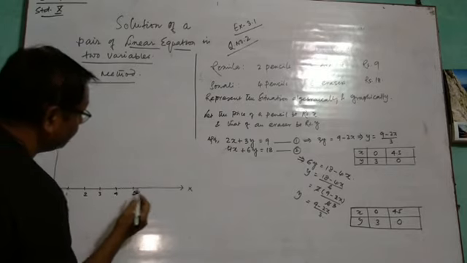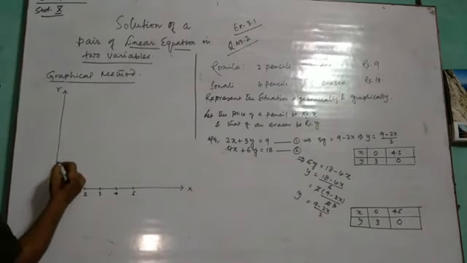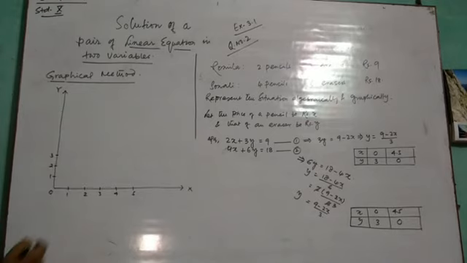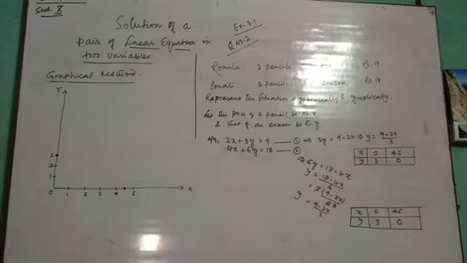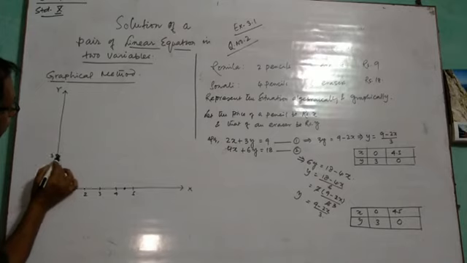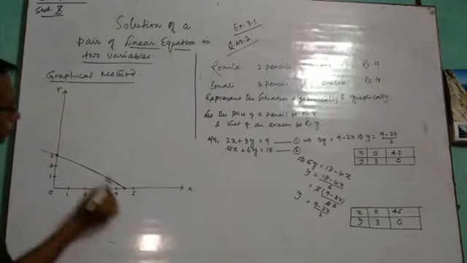First point is (0, 3), this very point. Second one is (4.5, 0); 4.5 falls in between 4 and 5. This very point. Now you join it with the help of a scale. Don't forget to use the scale over here. Your line will be a straight line.